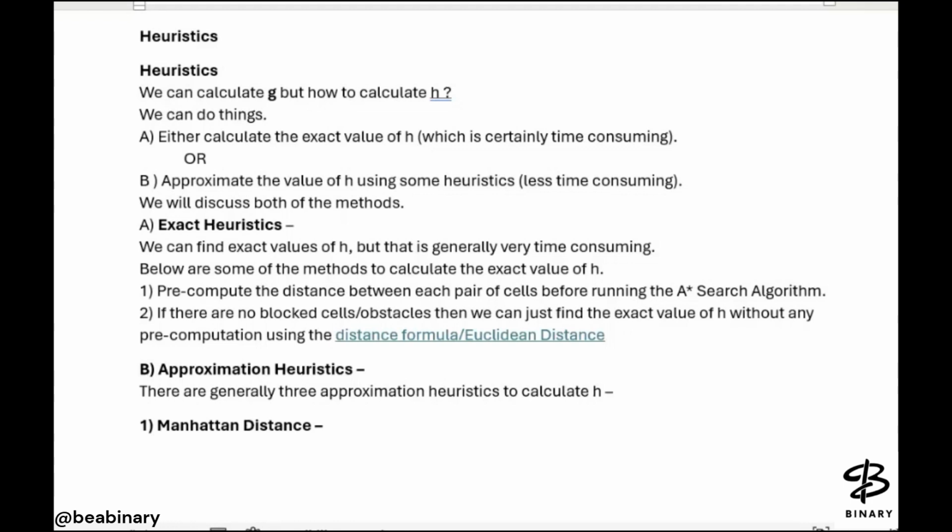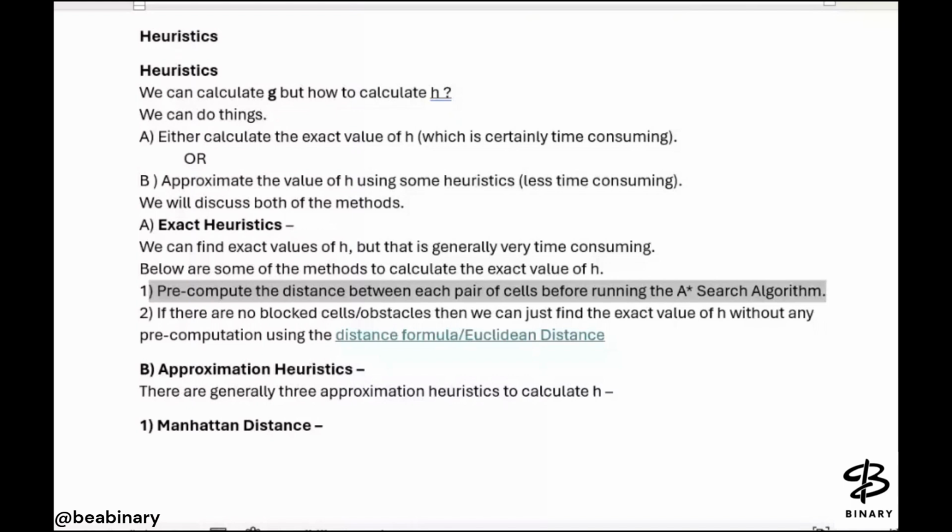Why? We need to pre-compute the distance between each pair of cells before running the A* algorithm.